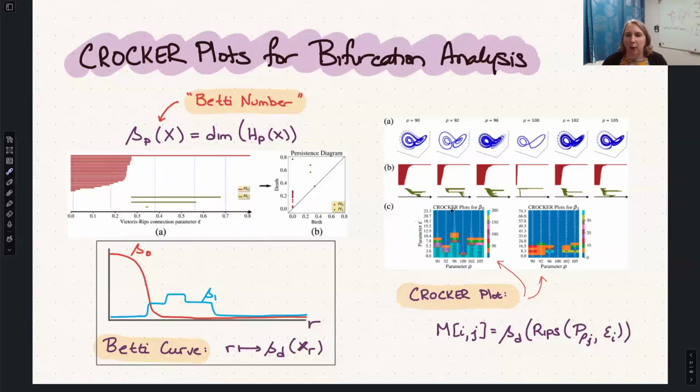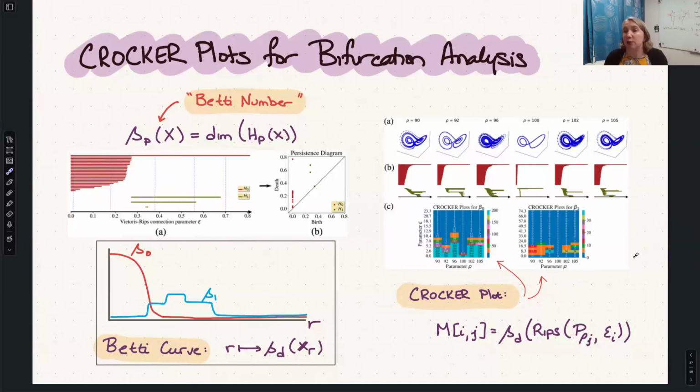What I'm doing is taking that Betti curve and sticking it into a matrix vertically. Each of the entries in here, if you want to chase it down, is the Betti number of the Rips complex of my particular point cloud for a particular choice of rho and a particular choice of Rips connectivity parameter. I'm also getting a 0-dimensional plot and a 1-dimensional plot for these particular examples.